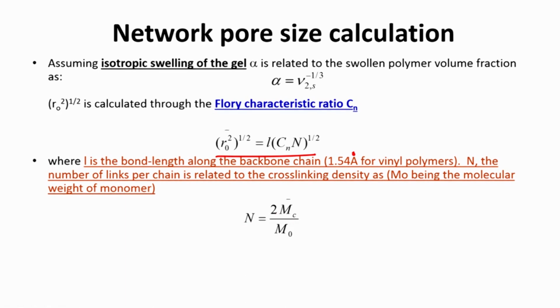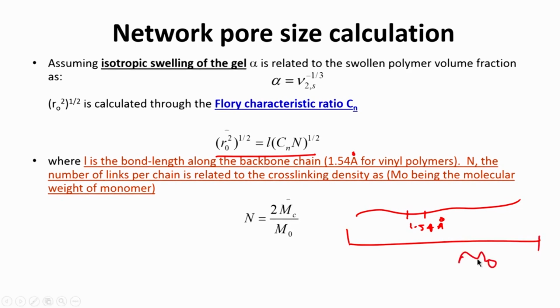Essentially, if this is the chain, and each bond along the backbone is, let us say, 1.54 Angstrom, this is for the vinyl polymers, and n is the number of links per chain. How many such links are there, then we can define n as 2 MC by M0, where M0 is basically the molecular weight of the repeating unit.